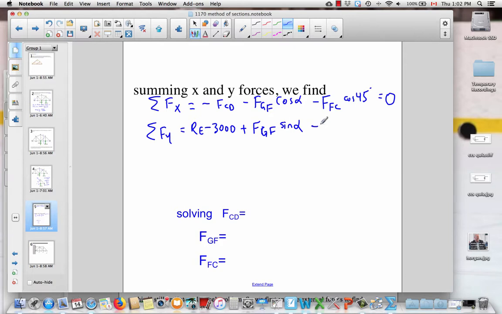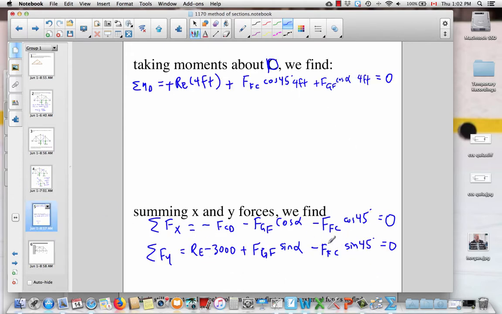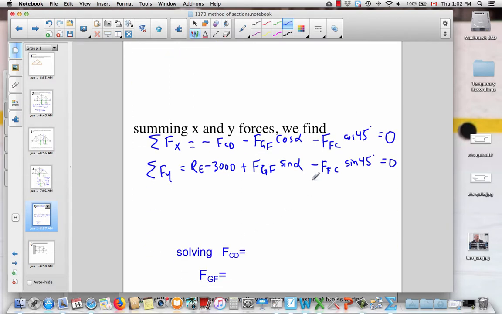And then a downwards FC sine 45 component. So you see the GFY component is up and the CFY component is down. That's the reason for that change there. Okay, so now we have three equations and three unknowns, and this could be solved in a variety of ways.